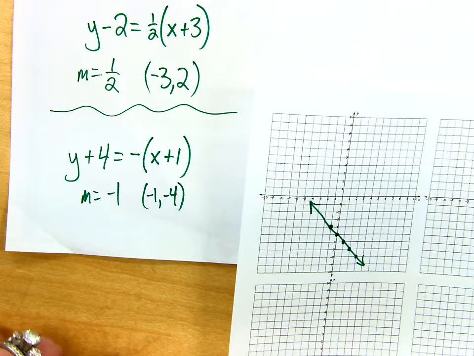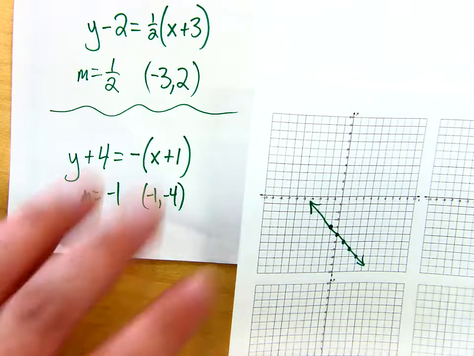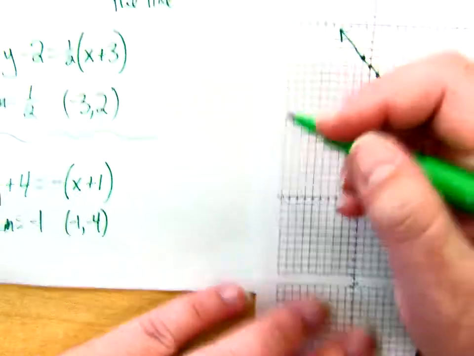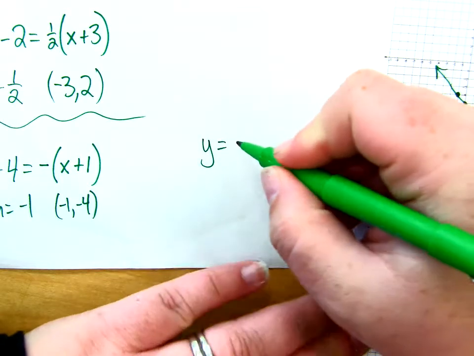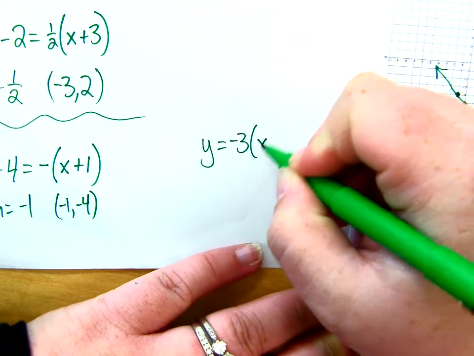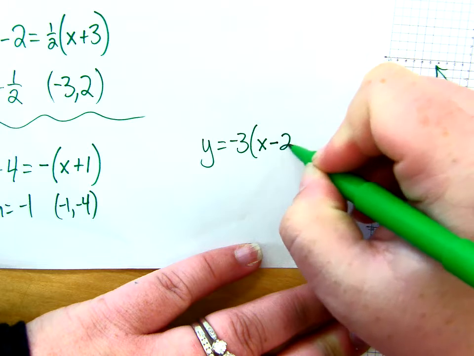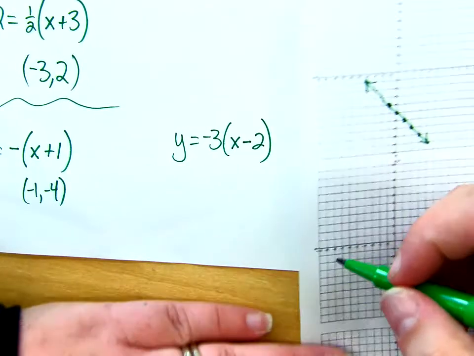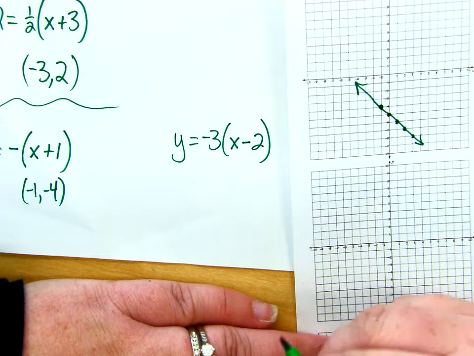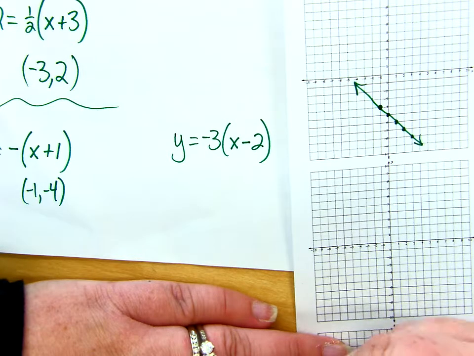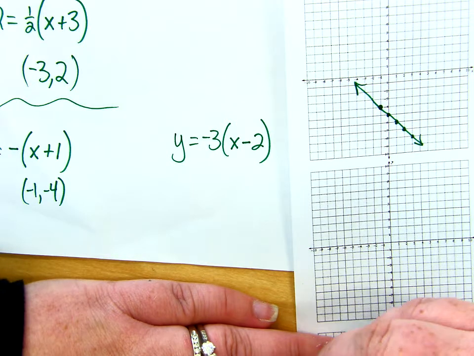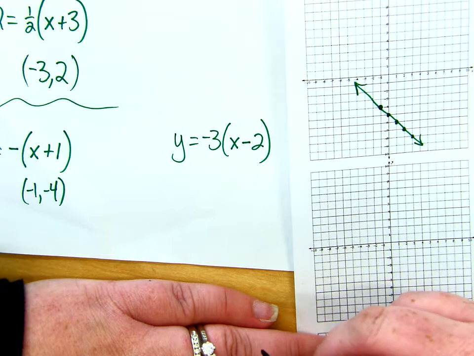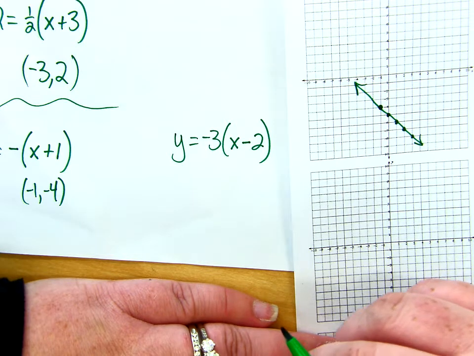But, gosh. Okay, so let me try and trick you. What if you saw something like this? So I gave you that. See if you can extract from that the slope and the random point that I'm giving you.